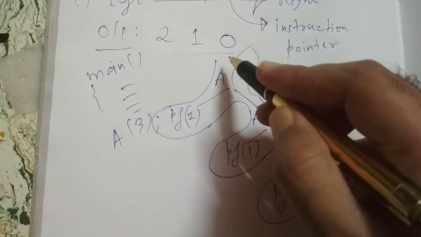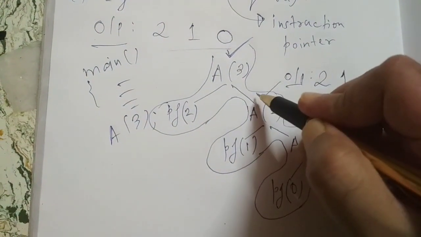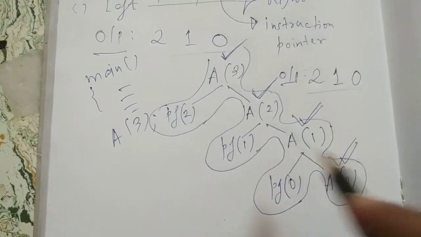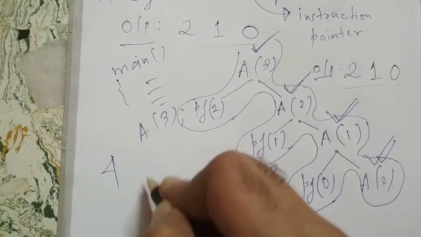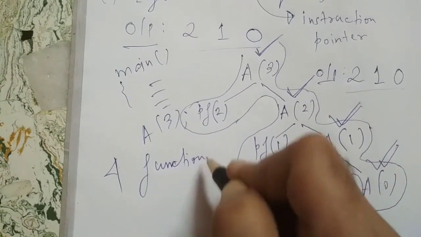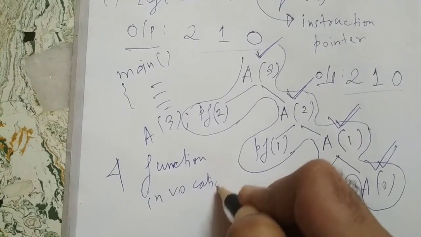That means I have to take into consideration the function call to a of 3 as well as the function calls to a of 2, a of 1 and a of 0. So a total of 4 function invocations were made.